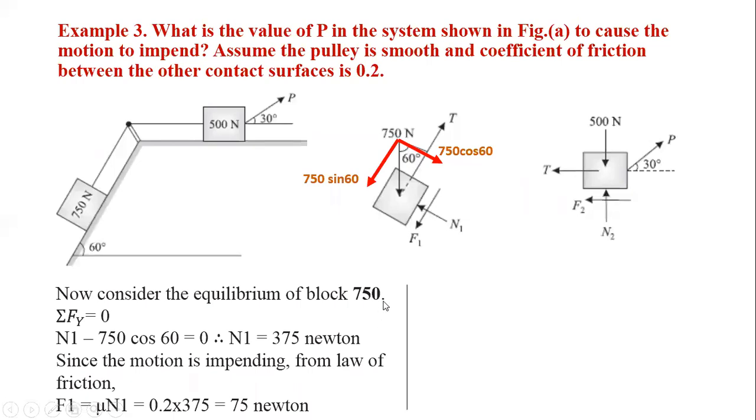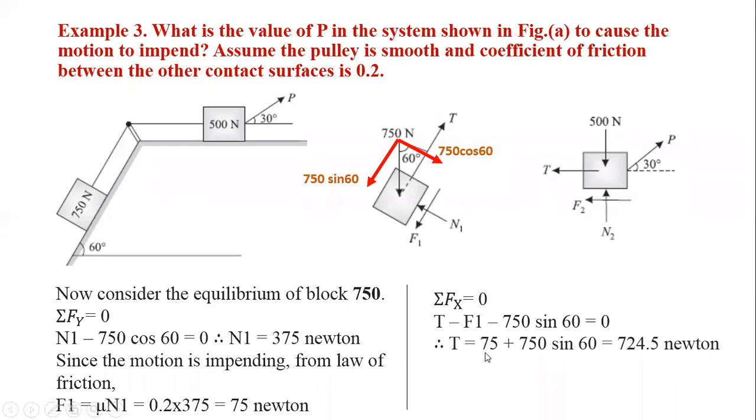Now let us find out this T. To find this T, we have to make the summation of all horizontal forces. Here T force is going right side, that's why it is taken as positive. F1 force is going left side, that's why it is taken as negative. The resolved component is also going in the left side, that's why it is taken as negative. Now F1 value is 75, put this value over here.